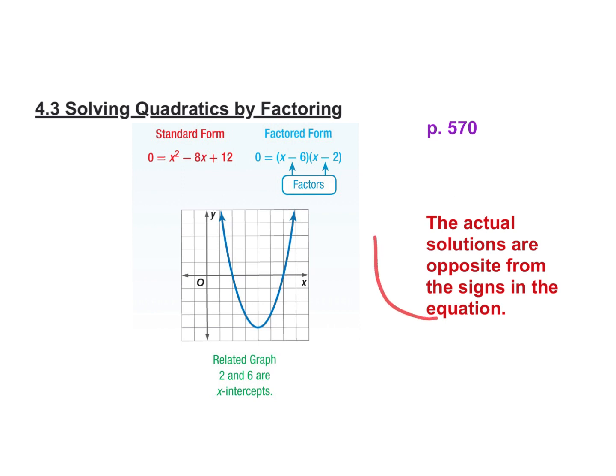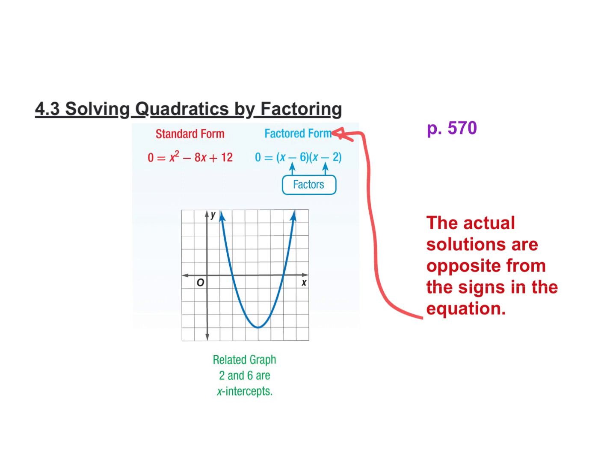Okay, and it's this equation that we're talking about, the factored form equation. Because our solutions are actually +2 and +6, but in the equation they're negative. And we're going to talk more about why that happens here in a second.